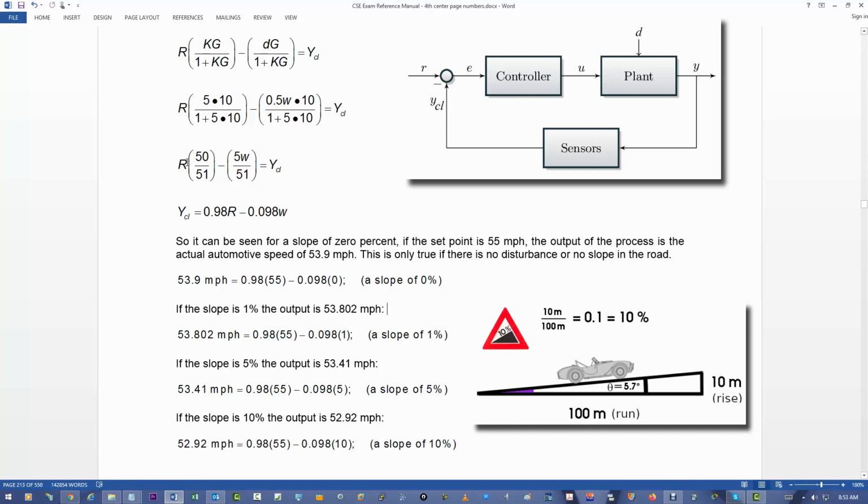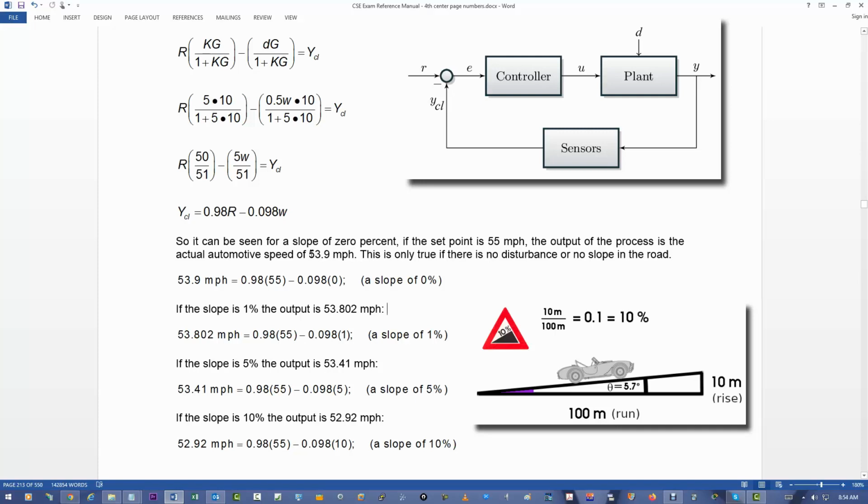So we get our set point times 50 over 51 minus our disturbance, 5W over 51, equals our output speed. So our set point speed times the gain of our system gives us our output speed. This all reduces to 0.98 times the set point, R, minus 0.098 times the disturbance, the slope in the road.